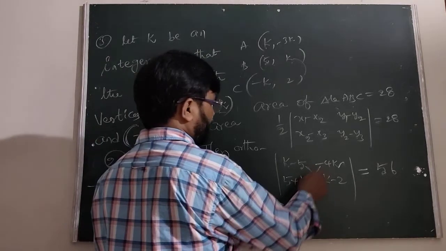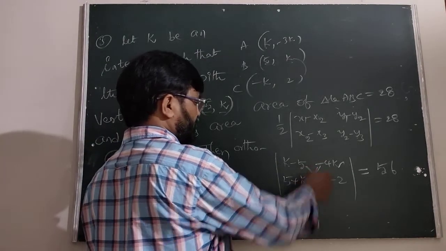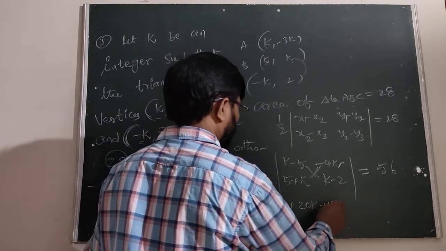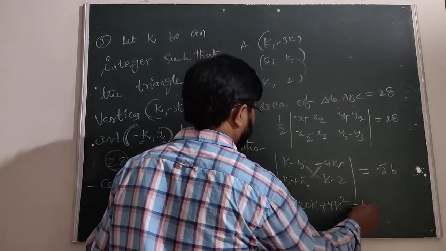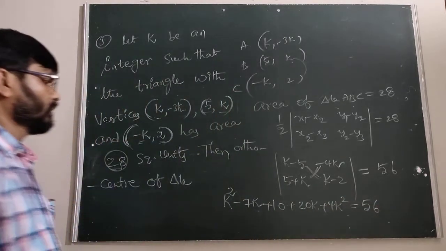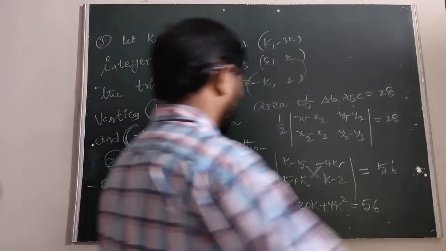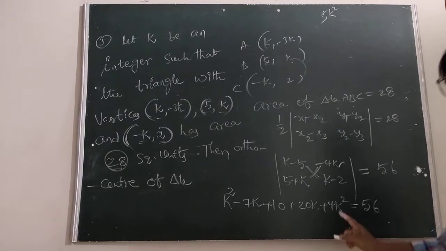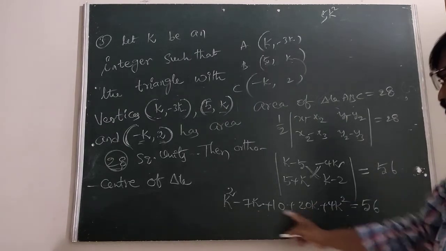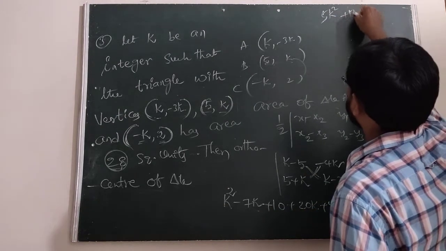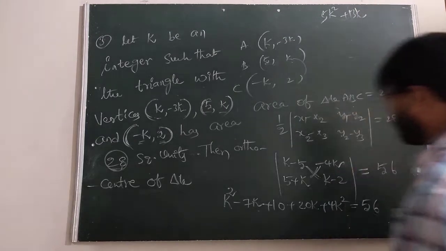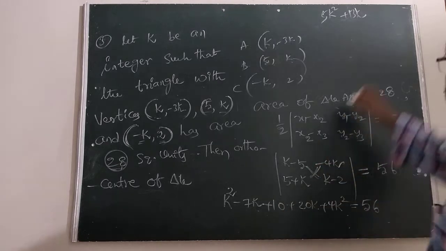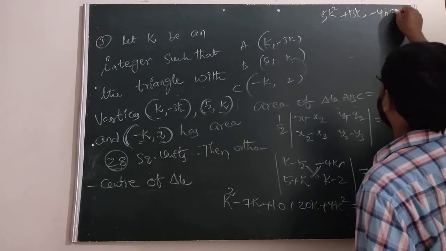AD minus BC, where minus BC gives minus of minus plus, so 4 into 5 is 20k plus 4k square equal to 56. Therefore 4k square plus k square is 5k square plus 13k minus 46 equal to 0.